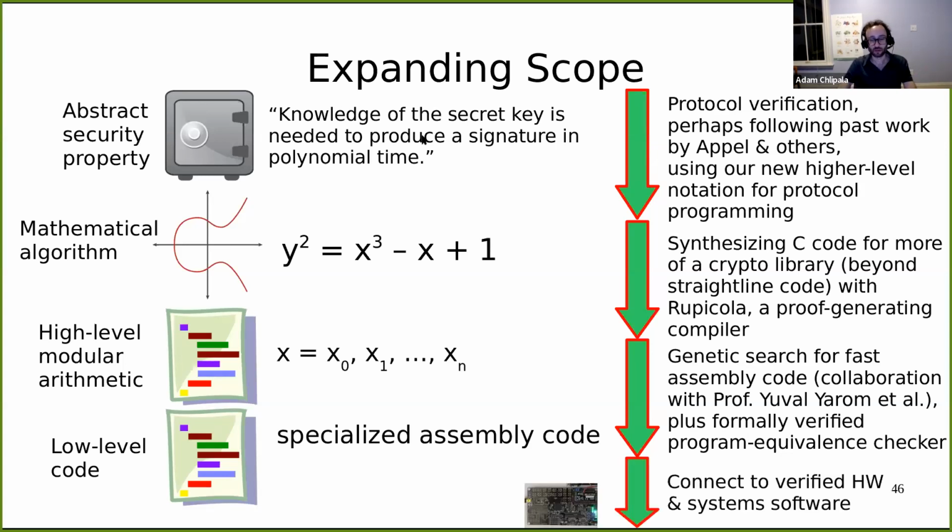And finally, we're looking at connecting the results with formally verified hardware and system software like device drivers along the lines of the preliminary case study I showed you a picture of for our verified Internet of Things light bulb.